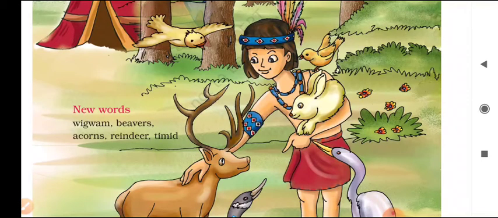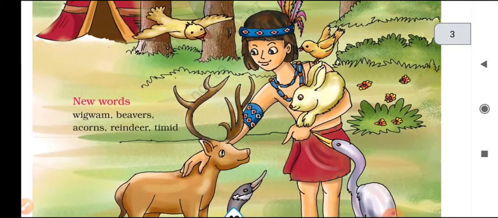He had learned all the secrets about the animals and the birds, and he enjoyed their company. So all the birds and animals become Hiawatha's brothers. All the birds are often called Hiawatha's chickens.